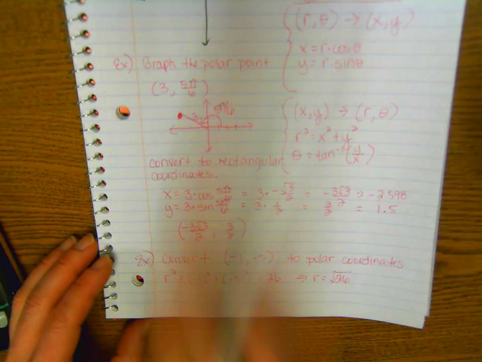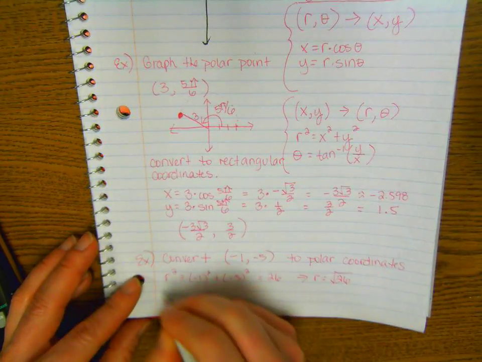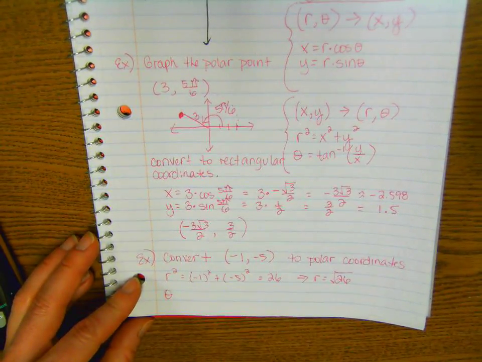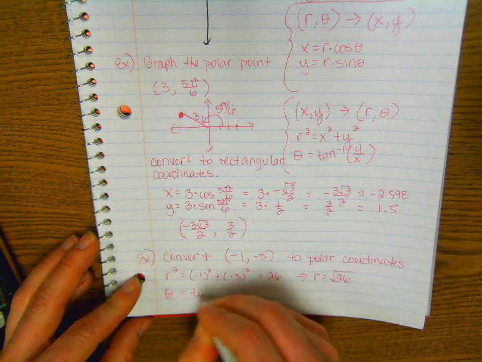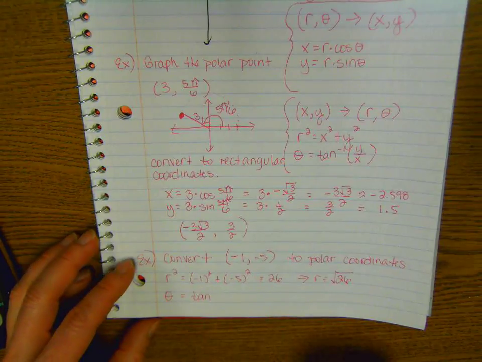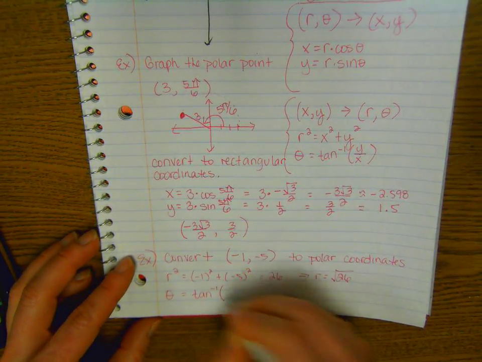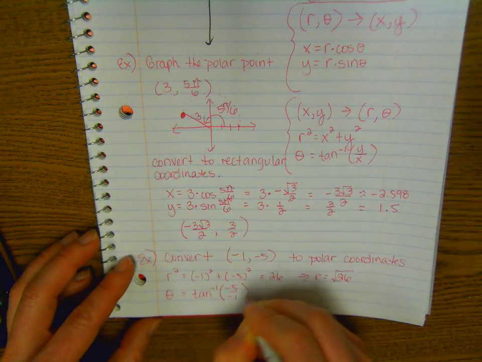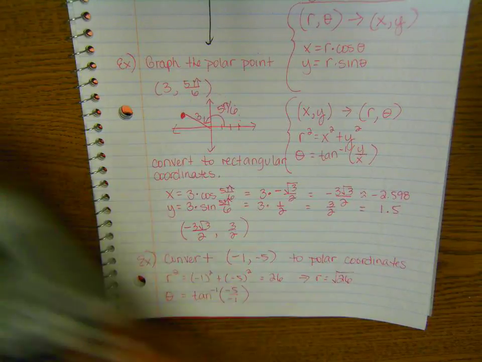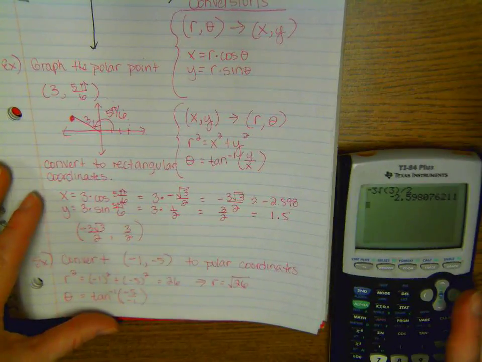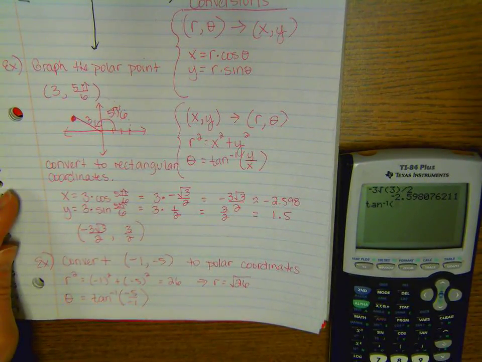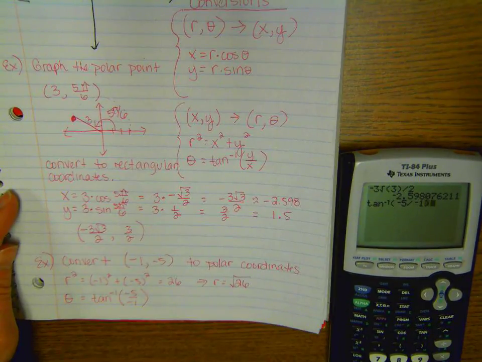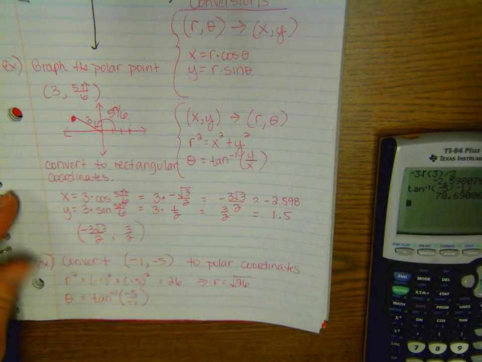Okay, so then let's find theta. Let's do it in degrees. Okay, so tan inverse of negative 5 over negative 1. So we do that, and it gives me 79 degrees.